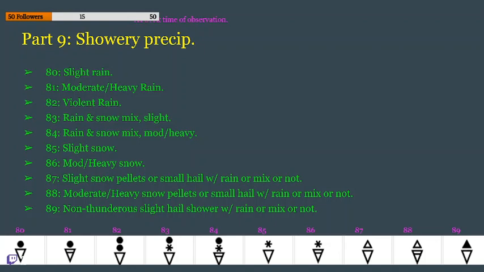And if you get a double scoop, you're experiencing violent rain. These are all chocolate flavored. Now 83, you have your vanilla and chocolate scoop, and you got a slight rain and snow mix. Now you have your sugar cone, vanilla and chocolate, and this is a moderate to heavy rain and snow mix.